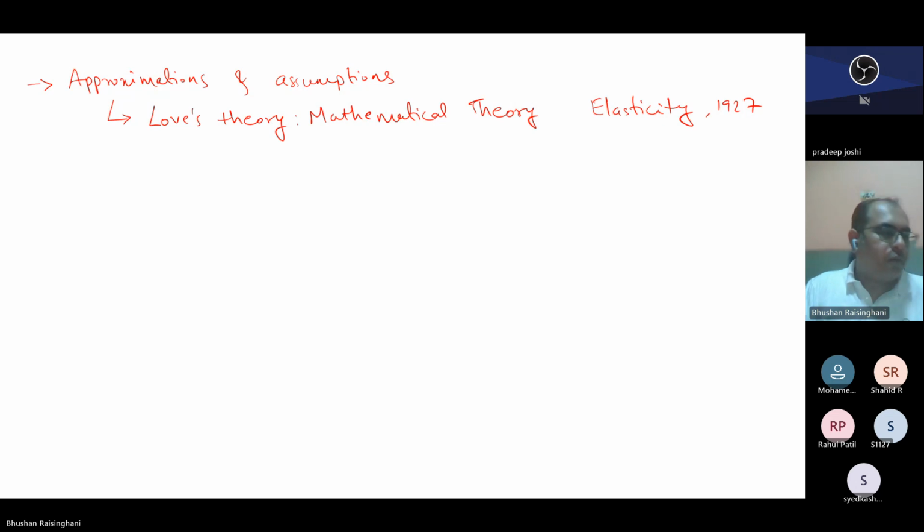Then what had developed was by, now that was another significant I will write is Timoshenko.